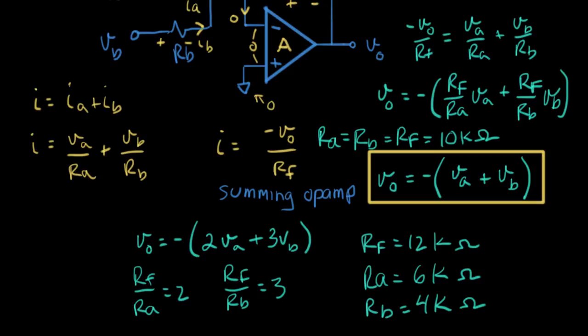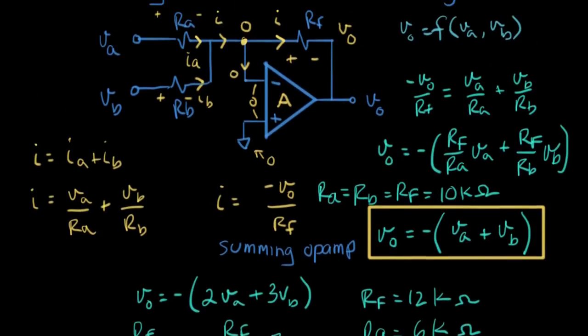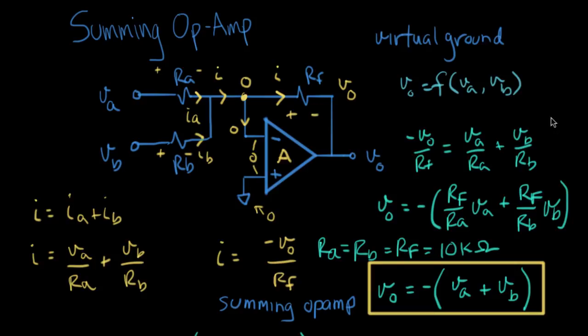So I'm going to fill those out on the top schematic. We'll just write those in. So what we said was RF was 12K, RA was 6K ohms, RB would be 4K ohms. And we've designed a circuit that implements our summing function. So this is a pretty useful op-amp circuit.